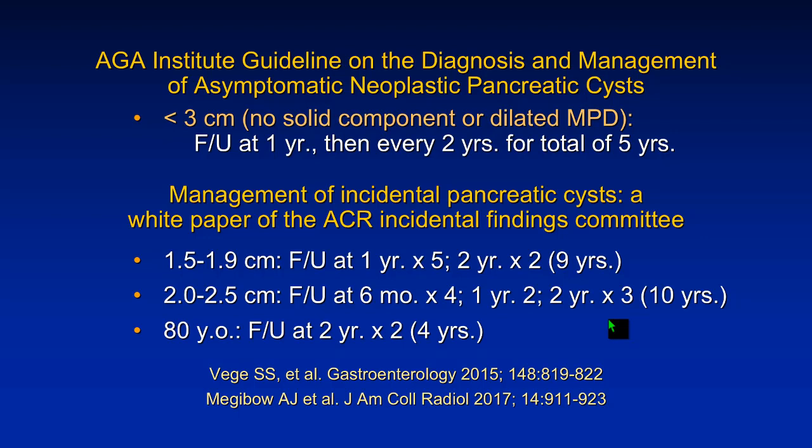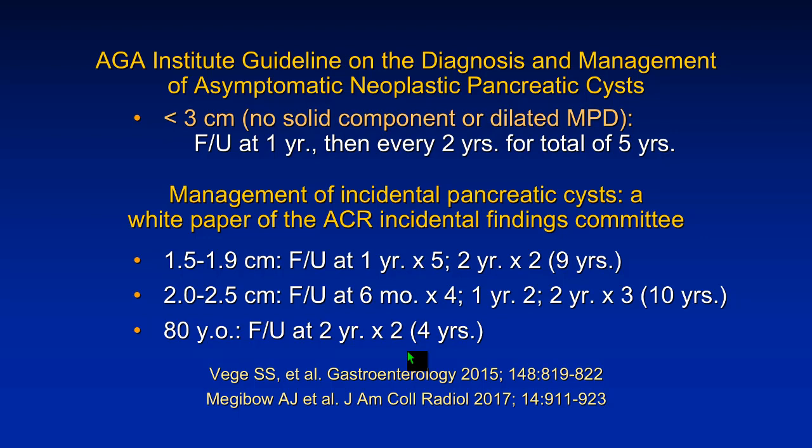Another recommendation that the new ACR guideline makes is that if you identify a cystic pancreatic lesion in a person who is 80 years old or older, that you do a shortened follow-up. What they recommend is 2 2-year follow-ups for a total of 4 years, and if there's no change, then forget about it. And I think that is reasonable as well.